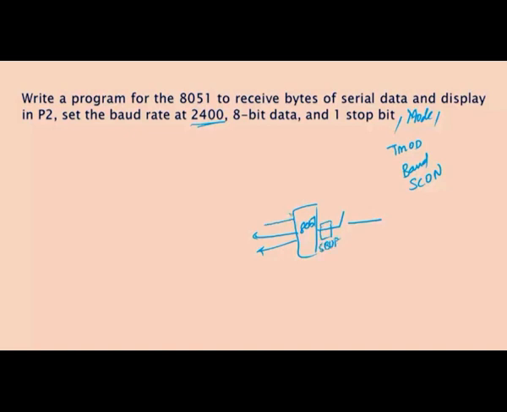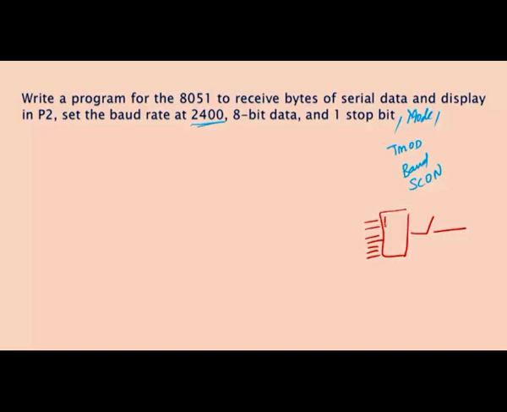This is port 2, so 8 port pins are there. Suppose I am using port 2, then 8 LEDs have to be connected. So one switch is connected to the 8051, and the data I want to display on port 2.